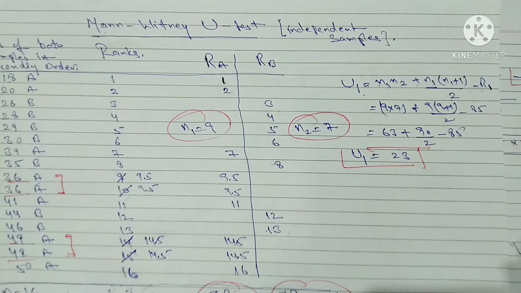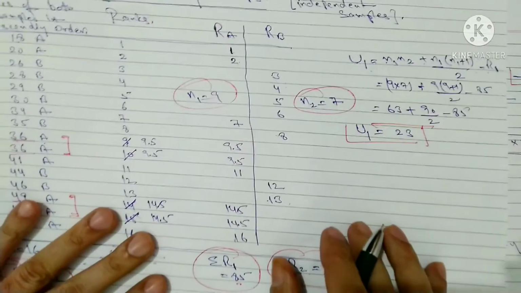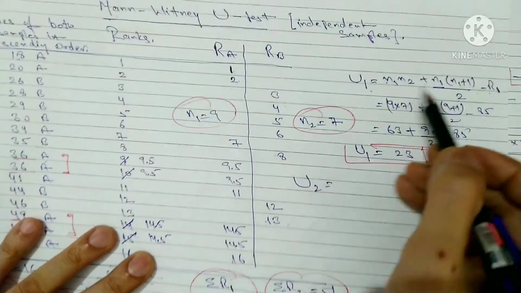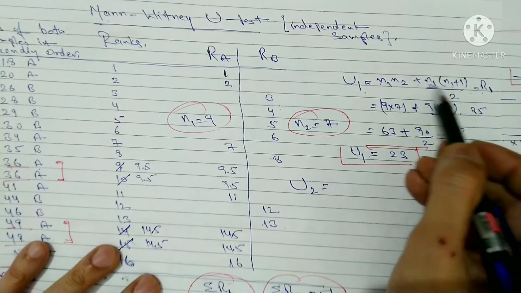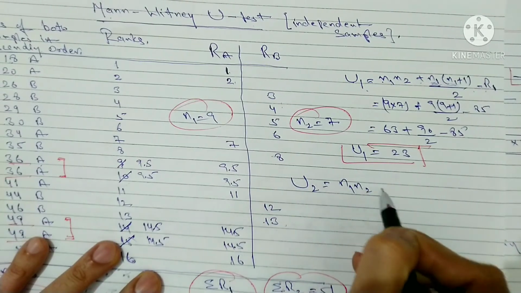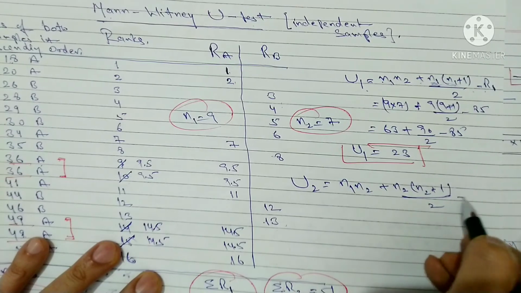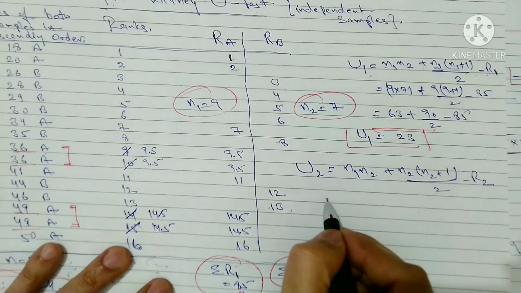Now calculate U2. The formula for U2 is the same, replacing n2 in place of n1: n1 into n2 plus n2 into n2 plus 1 over 2 minus R2. This is the formula for U2.